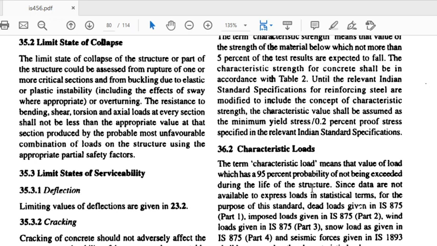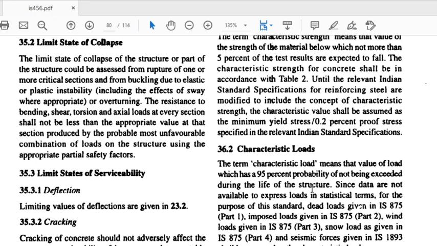What would be the reason? That structure was not designed for resisting such a flood. Flood is a huge force, a hydrostatic force. We cannot design a structure in such a way that it will not be destroyed at any load. We cannot build anything like that because unexpected things can happen. That is the reason we are using 95%: such a load is being taken, and the other 5% is left.